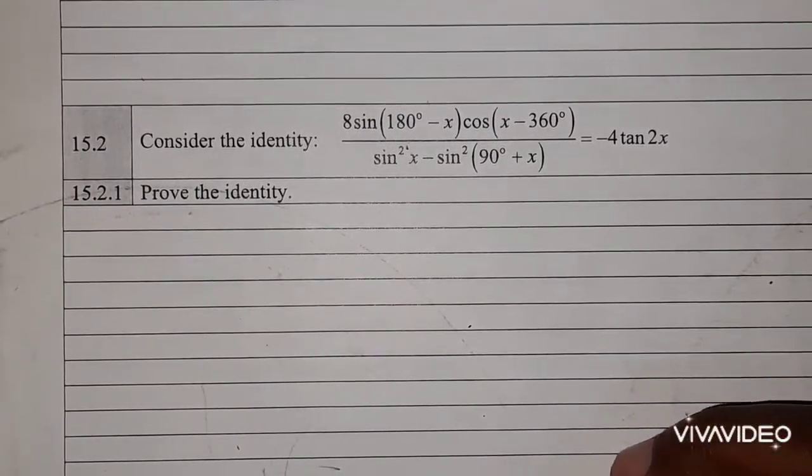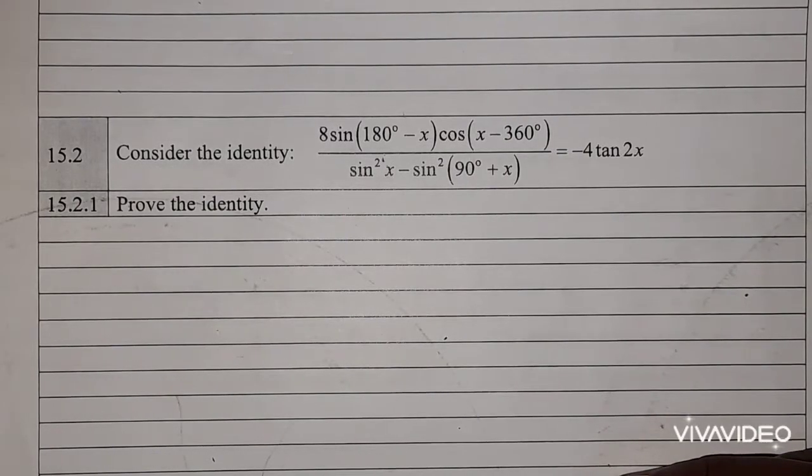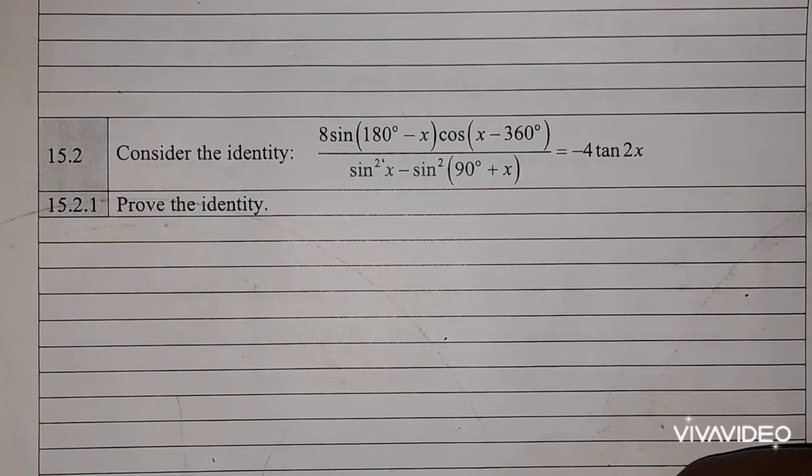Continuing with the second question. Consider the identity: 8 sine (180 degrees minus x) multiplied by cos (x minus 360 degrees), all over sine x squared minus sine (90 plus x) all squared, is equal to negative 4 tan 2x.